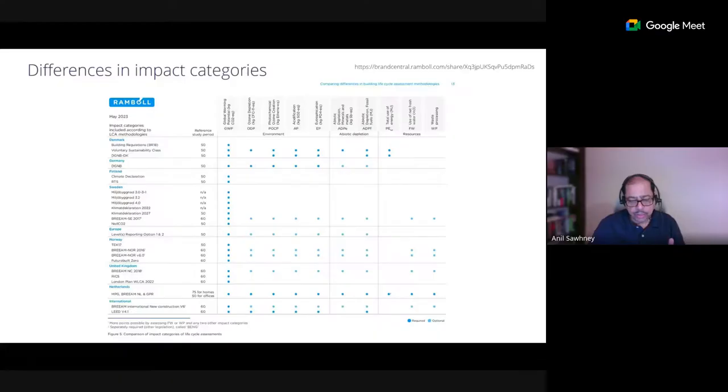So, for example, we do not include ozone depletion, acidification, and other environmental impacts. So that's another reason why we need to search for a globally consistent, comprehensive WLCA standard.